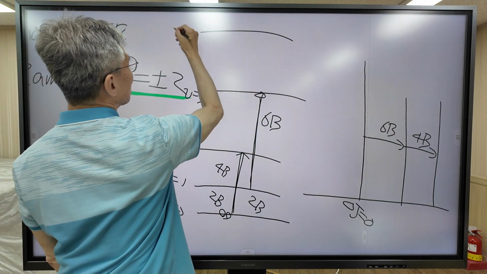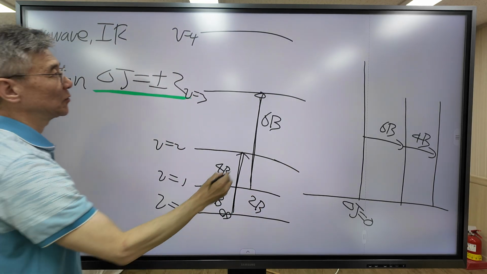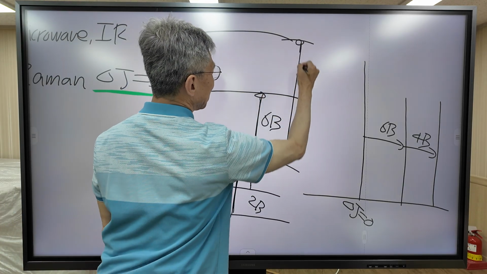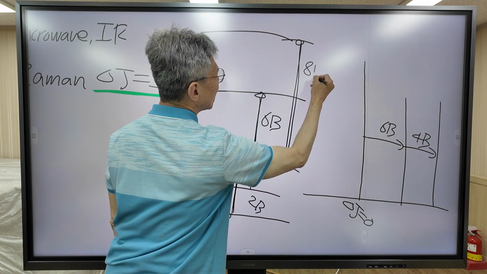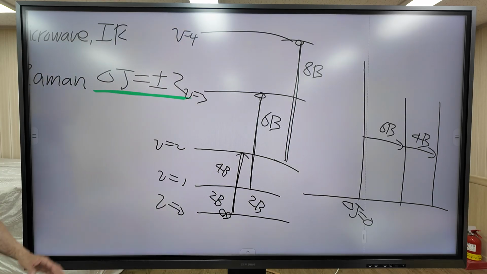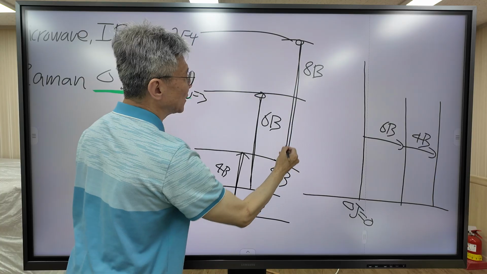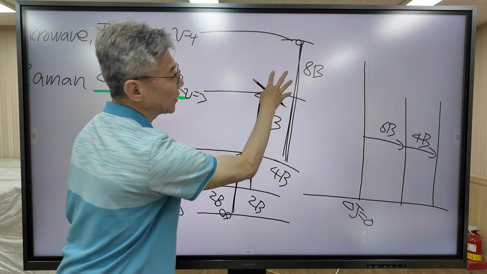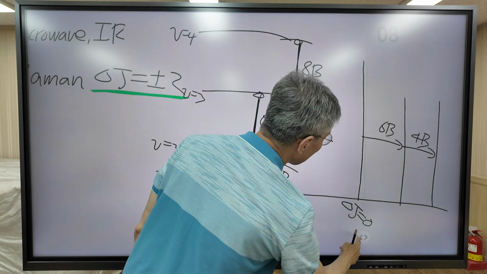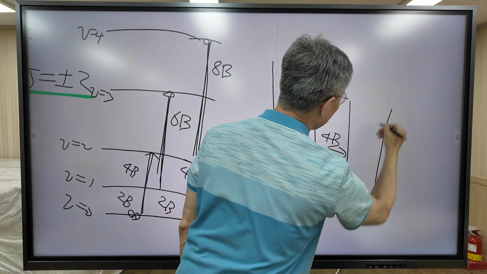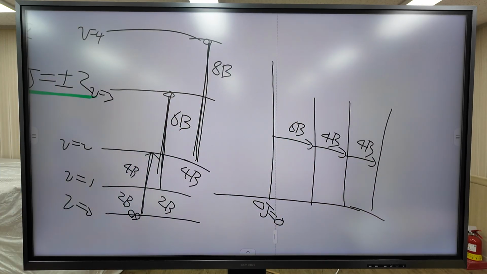Now one more. The third Stokes peak corresponds to this peak. The head is increased by 8B, the tail is shorter by 4B. When you compare the lengths of these two arrows, it is increased by 4B. So again, 4B farther away. So this is the Raman peak.